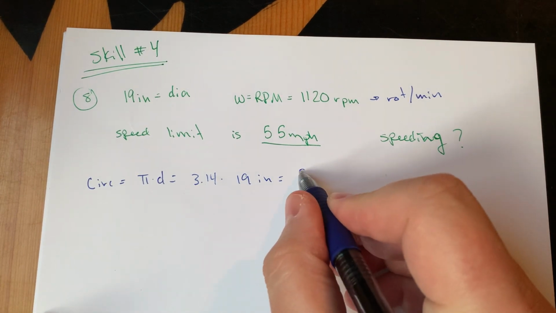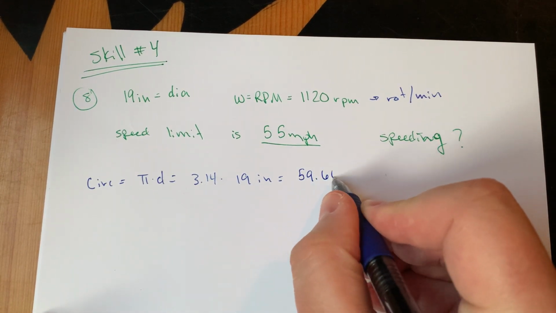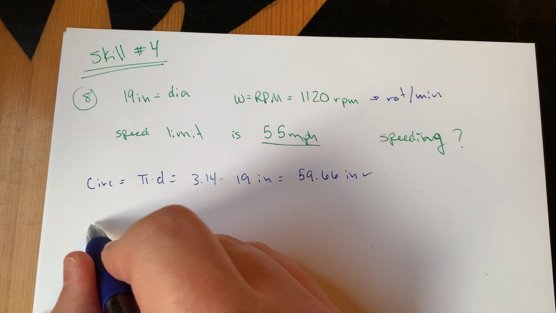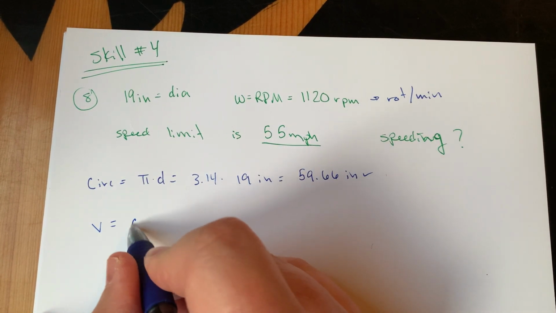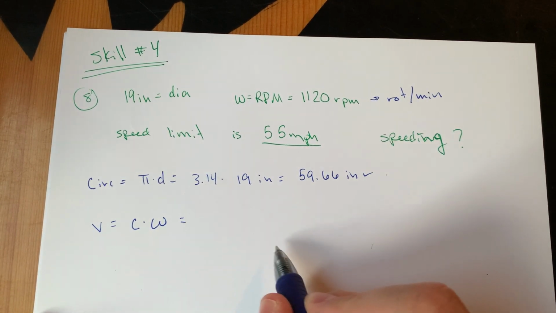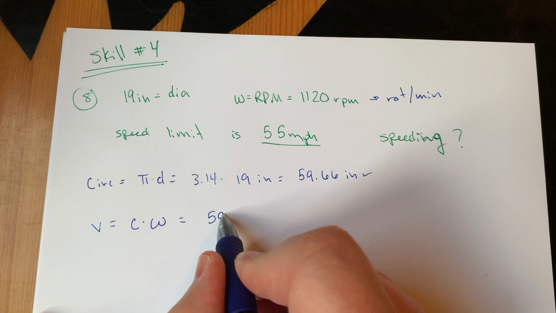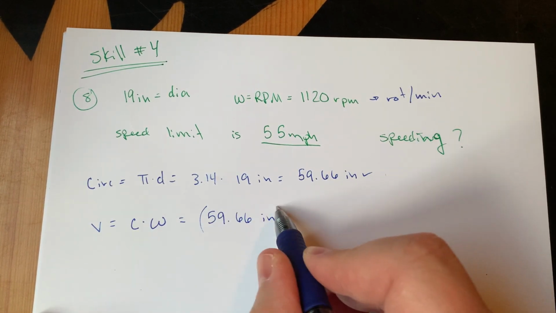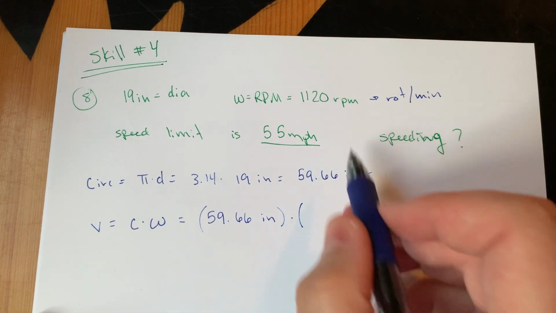59.66, that's inches. The units here again, extremely important. So we'll keep them going. My linear speed, my velocity should be the circumference times the rotations, right? So we'll mark these with my units. 59.66 inches is my circumference times my rotations.